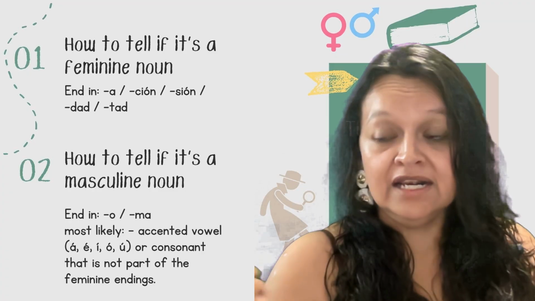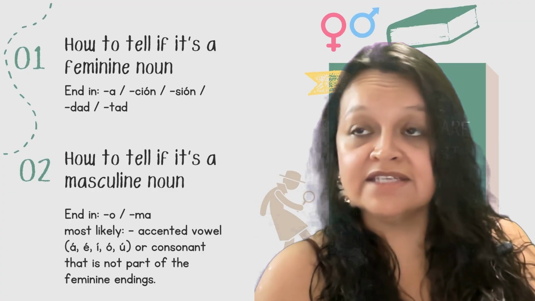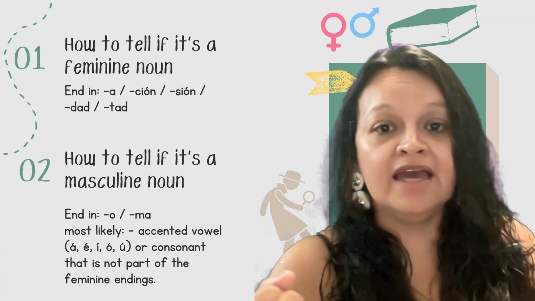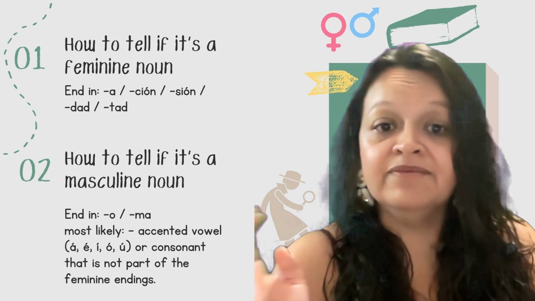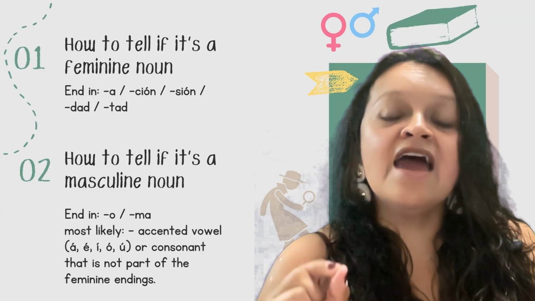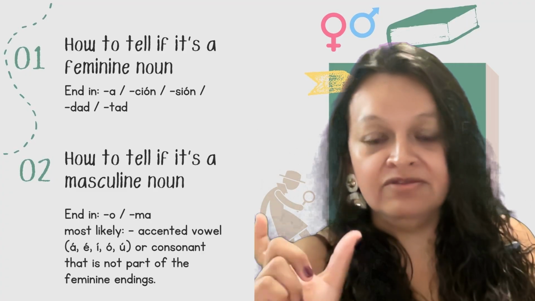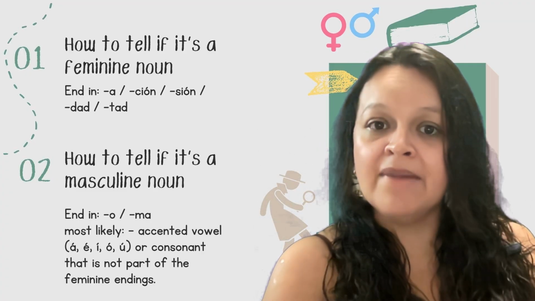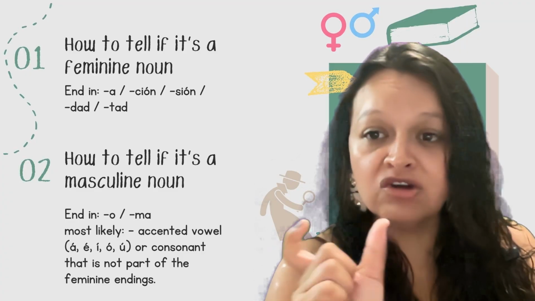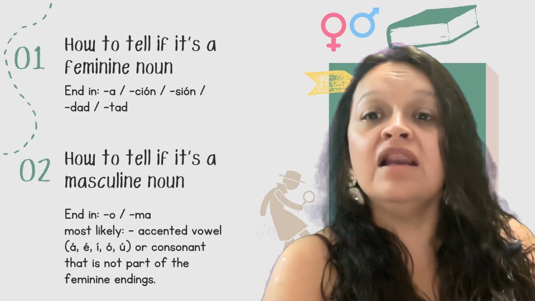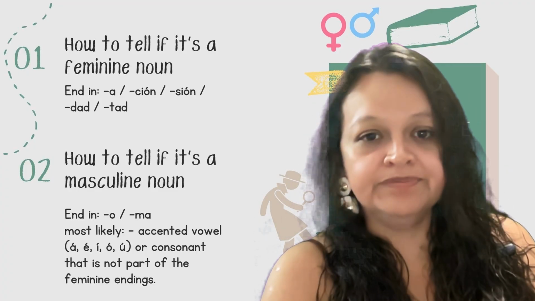La niña, la casa, la cama. They end in A, even if you don't know, they're feminine. If they end in this group of letters, M-A, then it's a masculine noun. So be aware, like el problema, the problem.